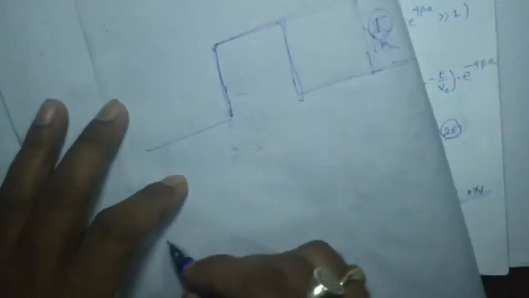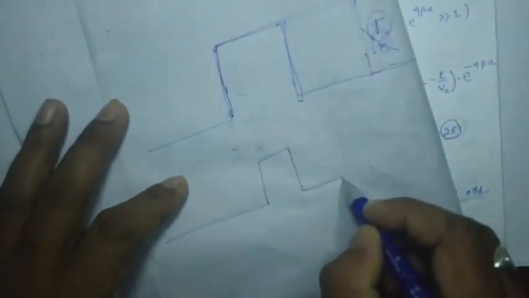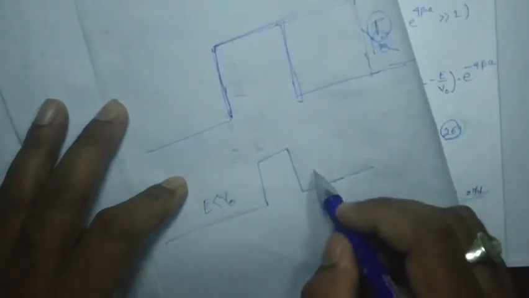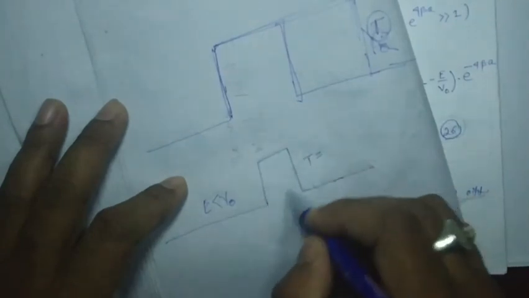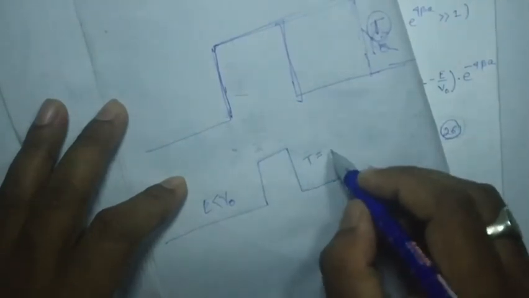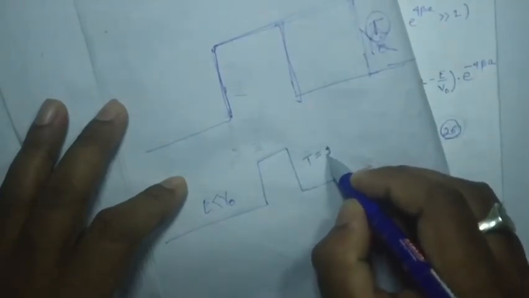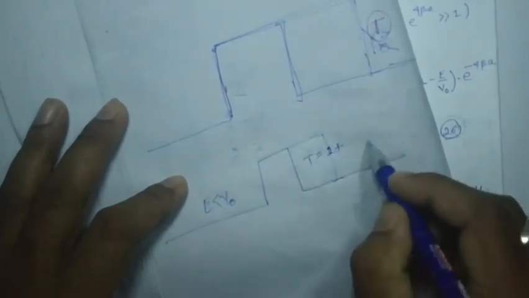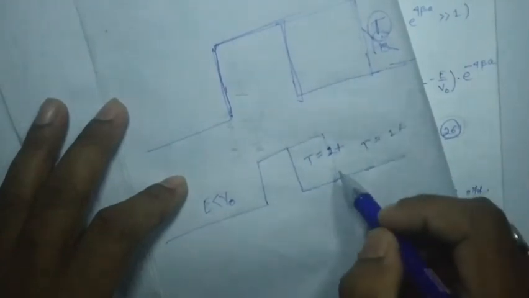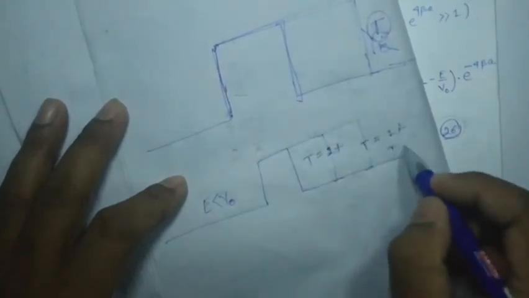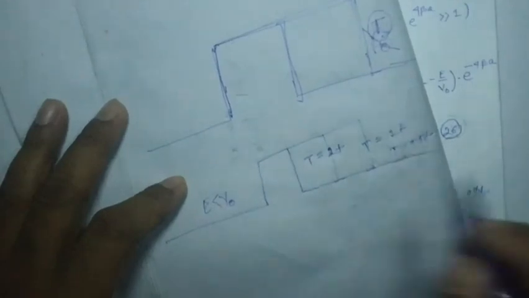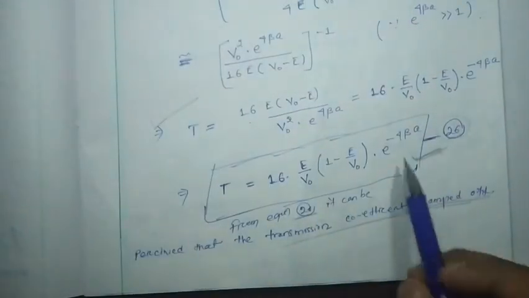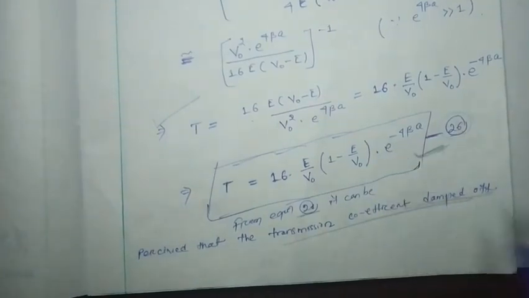Suppose we consider this much width, for E less than V0, same case, and we got the transmission coefficient for this width as, suppose, 2%. If this width is increased, then T is reduced to 1%. Again, on further increase, T will be 0.5%, like that. So it decreases exponentially like this, or you can say damped off.